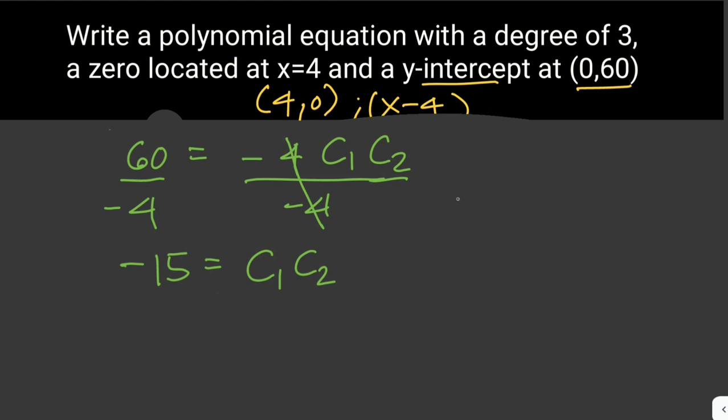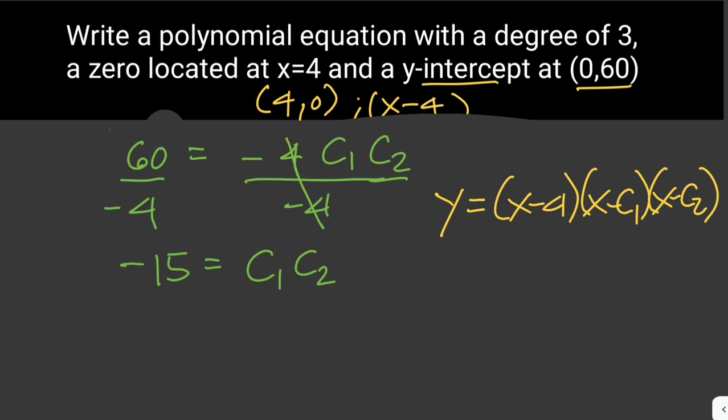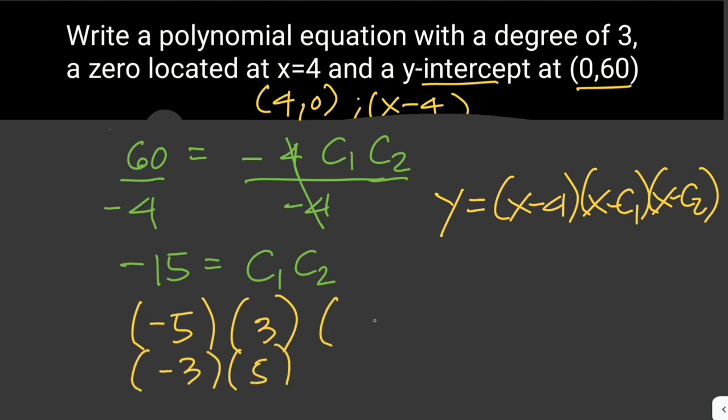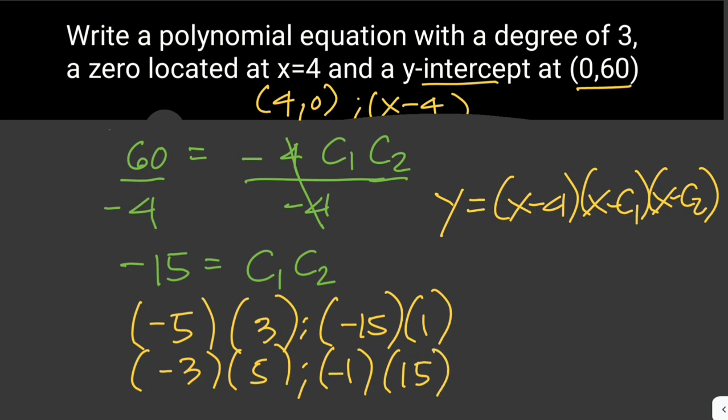So let's write again our equation, y equals x minus 4 times x minus c1, x minus c2. Our factors can be negative 5 times 3, or negative 3 times 5, or negative 15 times 1, or 1 times 15, or negative 1 times 15.